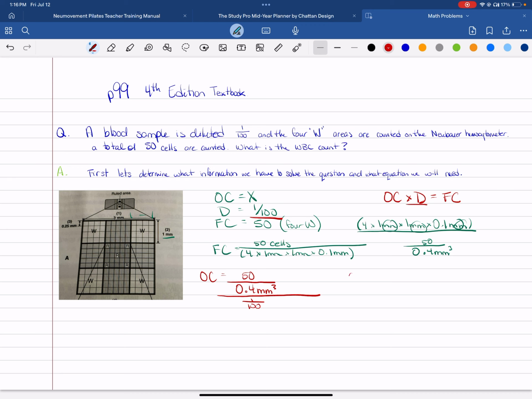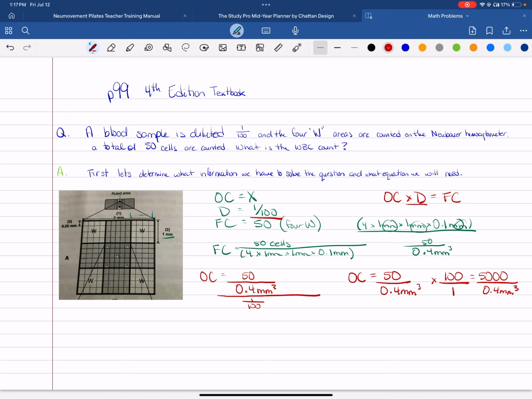So the original concentration equation then looks like this: 50 times 100, which is our dilution, over 1, over 0.4 millimeters cubed.